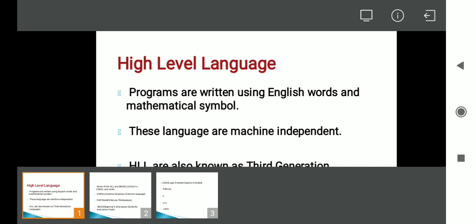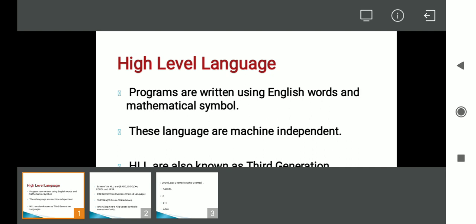So what is the problem of the first generation? Programs are written in binary digits, that is 0 and 1, so it is difficult for a programmer to understand and learn a lot of code, a number of lines of code.